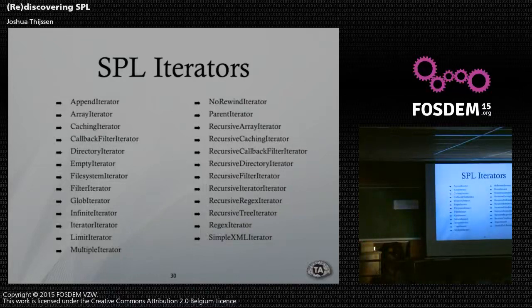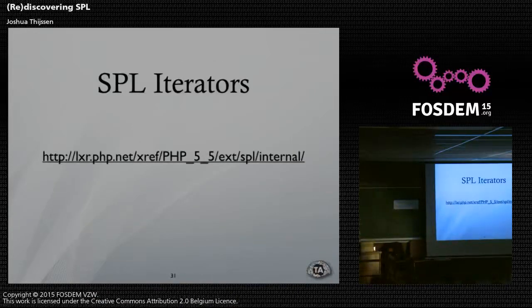However, if you're going to look up in the documentation to see what a directory iterator does, it sometimes doesn't make sense. However, there's a really cool trick. I'm not sure if you've already seen it today, but there is a website called lxr.php.net. If you look in there, this is actually the source code, the C code of PHP.